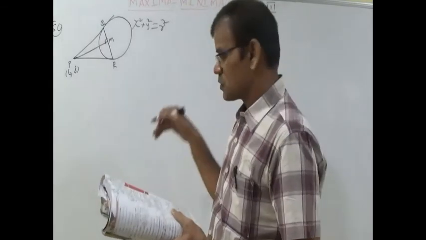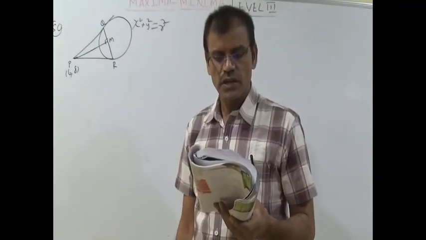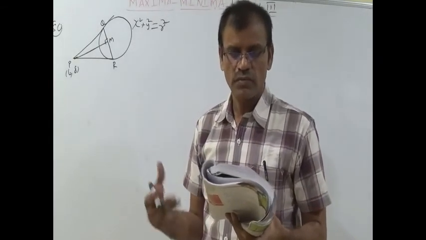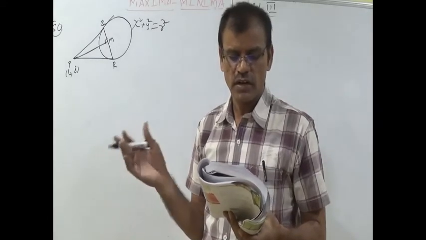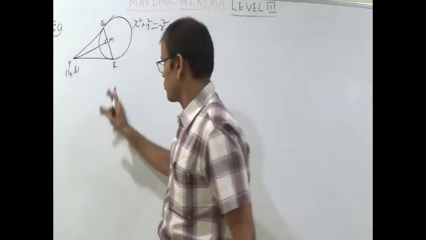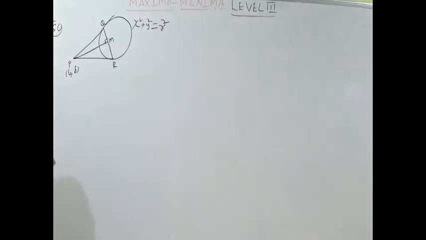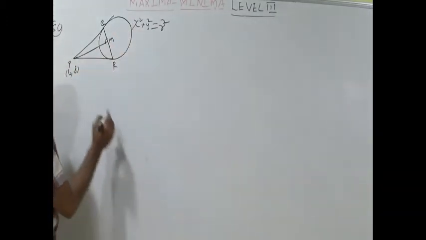The value of r we should calculate, for which the area enclosed by the tangents drawn from the point P(6, 8) to the circle and the chord of contact, this area PQR, is maximum. Then calculate the value of r.